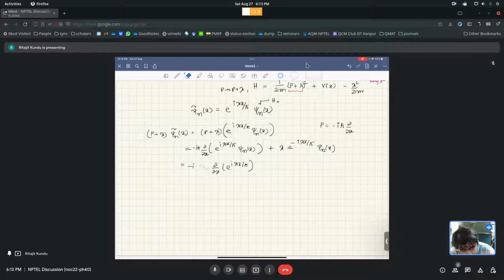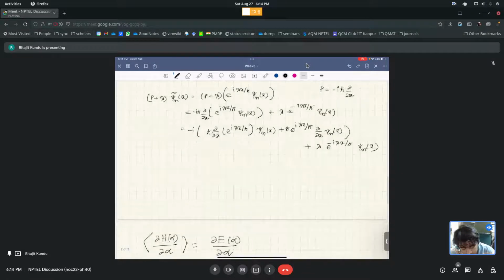So let me also keep the h bar here, which will help, psi n x, plus this del will act on del x psi n x. And there is the last piece which was there before, lambda e to the power minus i lambda x by h bar psi n x. So let's do this derivative.